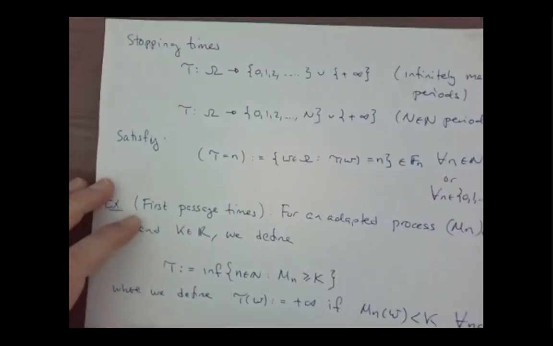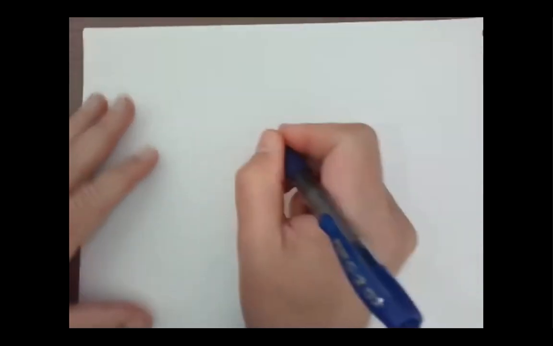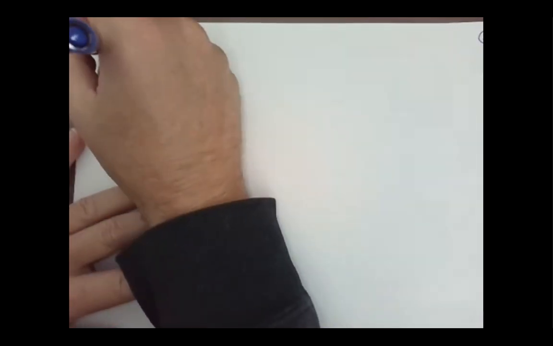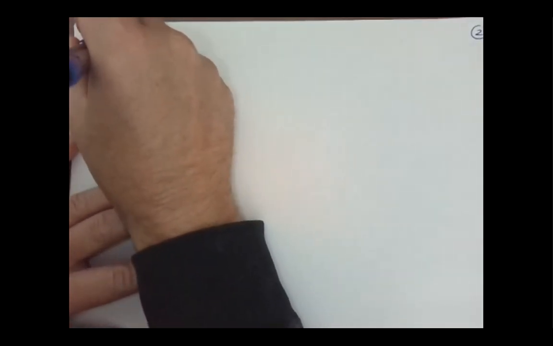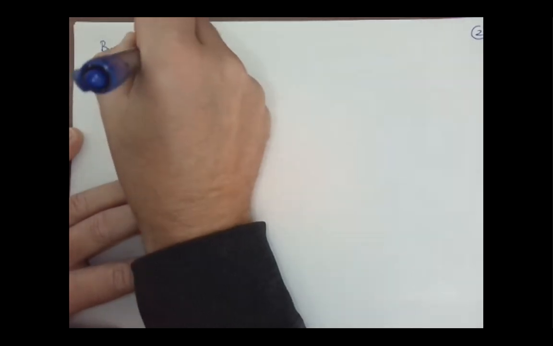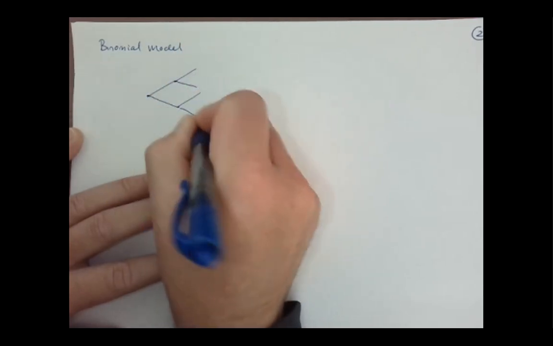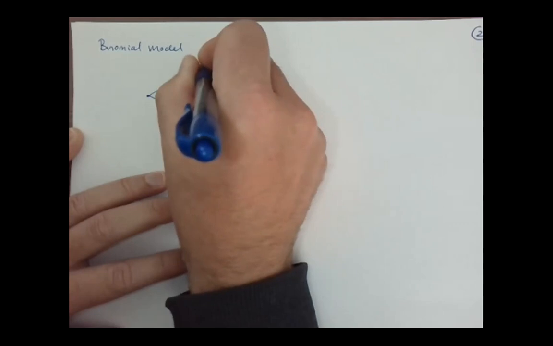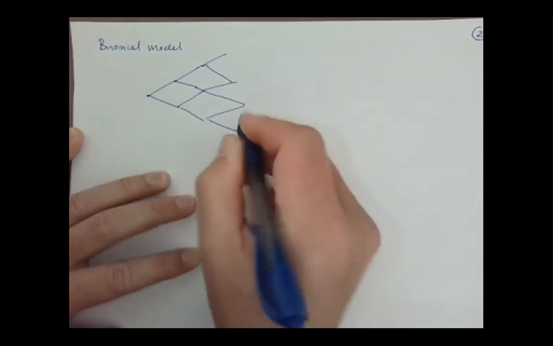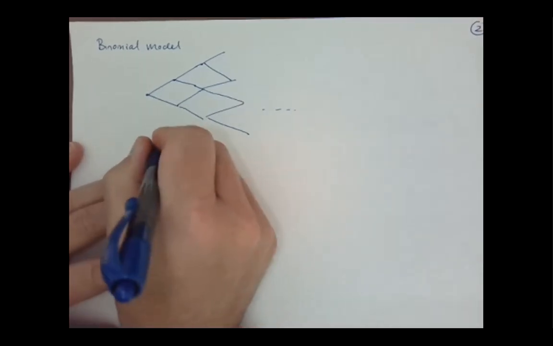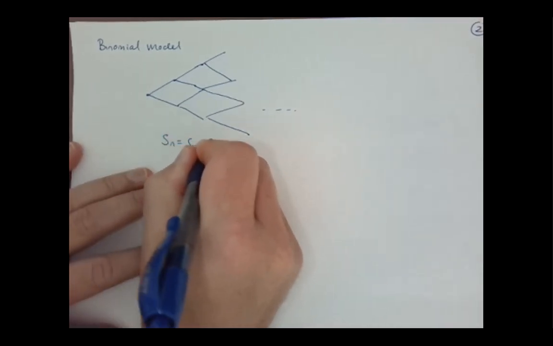Okay, so on a tree, if you're looking at a binomial model, we could grow our stock price tree and so on. This here would be, say, Sn. This would be our Sn minus 1, the coin flip.